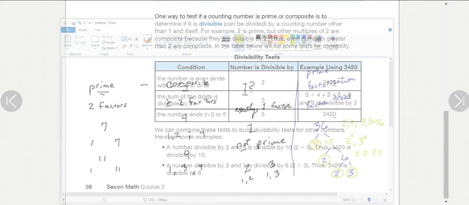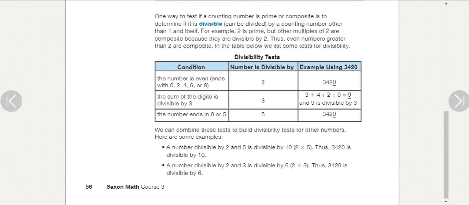Now, divisibility tests are something that often people forget. Divisible means it's dividable. It can be divided by that number. Such as 2. You probably learned early on in your schooling that all even numbers are divisible by 2.